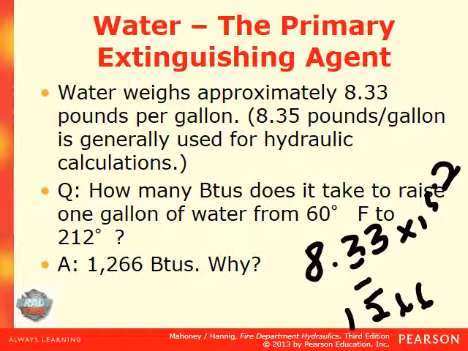Again, 8.33, or I should say 8.35, is our constant, because that's the weight of the water, times our constant of 152 is how we get the answer for this question.